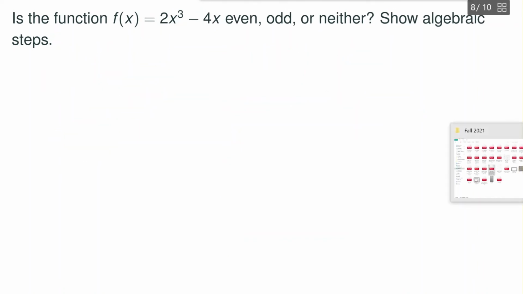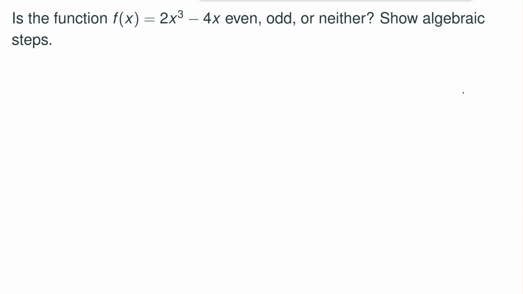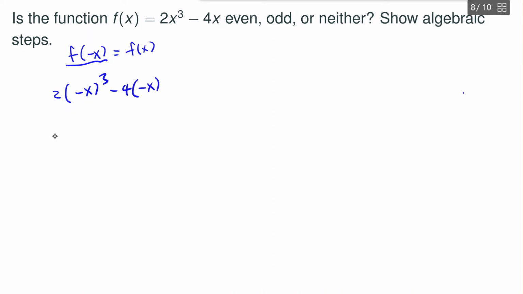Is this function 2x cubed minus 4x even, odd, or neither? So let's take even first. In order to be even, when I plug in negative x, it should simplify to the same as f of x, the original function. So if I plug in negative x: 2 times negative x cubed minus 4 times negative x, which is negative 2x cubed plus 4x, which is different from the original function, right?